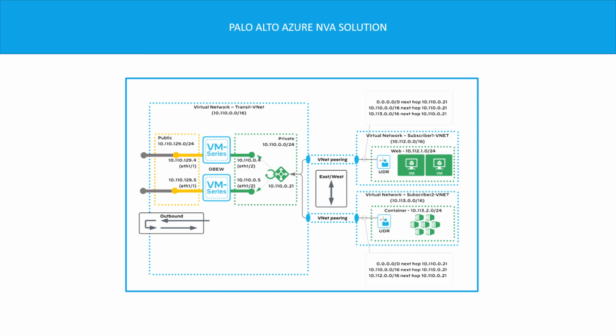So this is the design from Palo Alto. You can see instead of routing traffic from the gateway, the traffic will be routed from the firewalls. You're going to have the spoke 1, you're going to have the spoke 2, and my east-west connectivity is based on the vNet peering, but my traffic from these subnets goes to these NVAs and comes back to the spoke again.